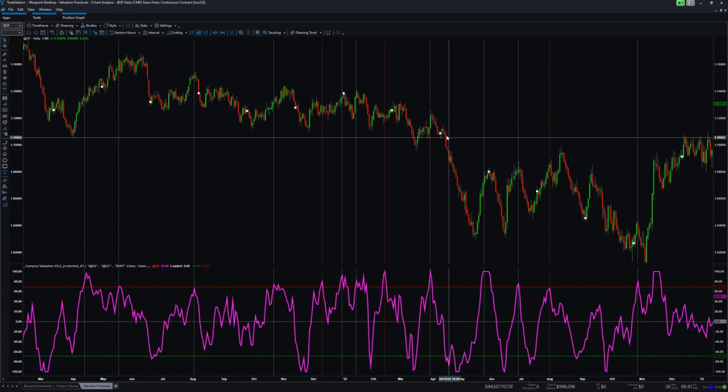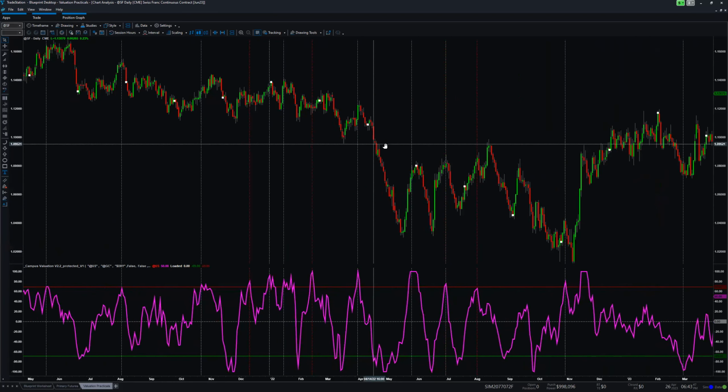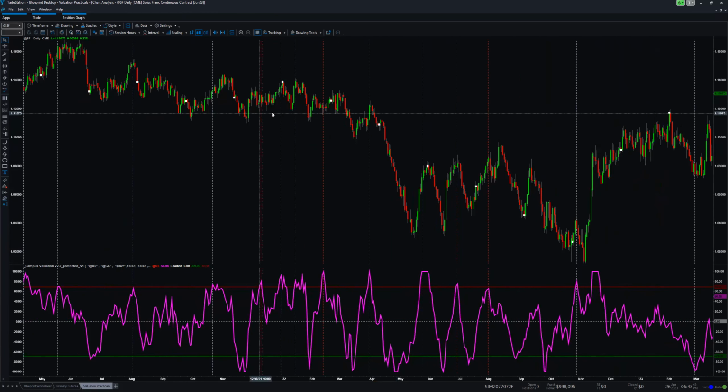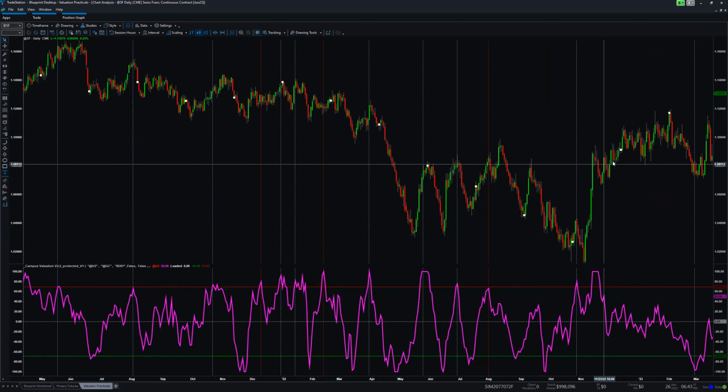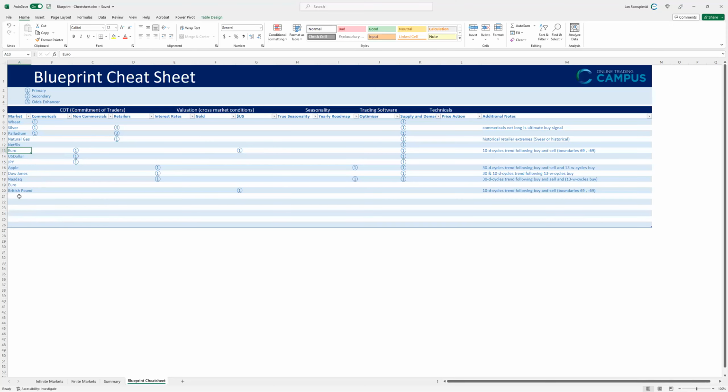And so looking at this again on the Swiss franc, we have a few more potential losers than on the others, but overall, it's still a valuable tool for us to use on the Swiss franc.